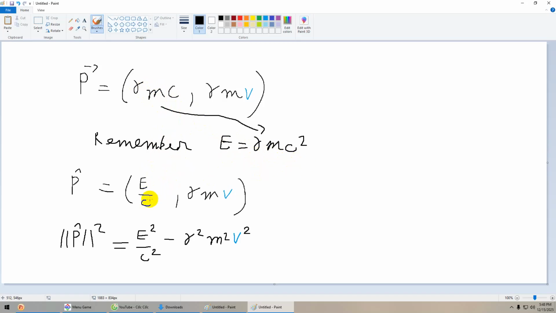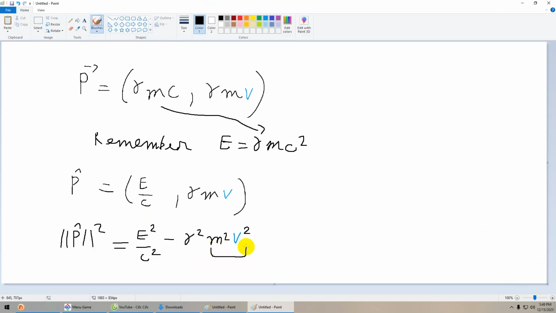We see that energy here, so the time component of the momentum is just energy over c, and we see the momentum four-vector square is equal to energy square divided by speed of light square minus the spatial term. So we have here the problem of the photon.